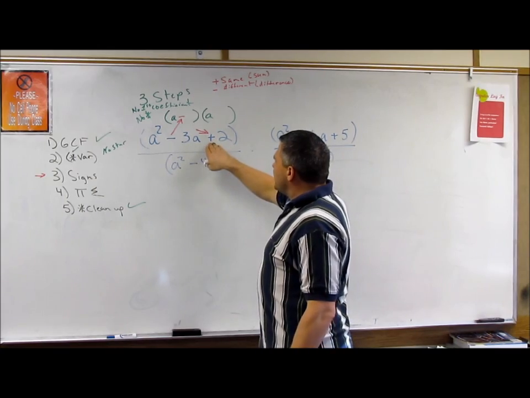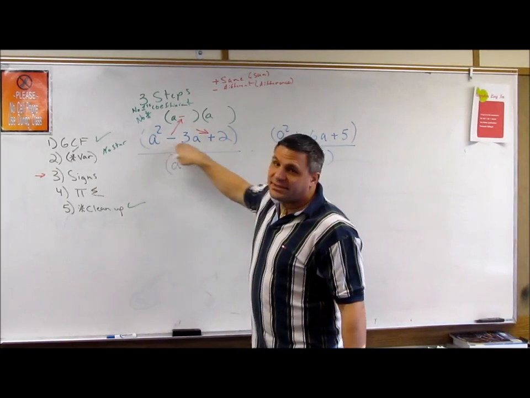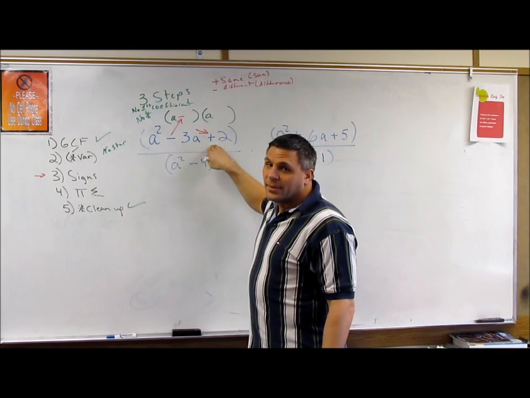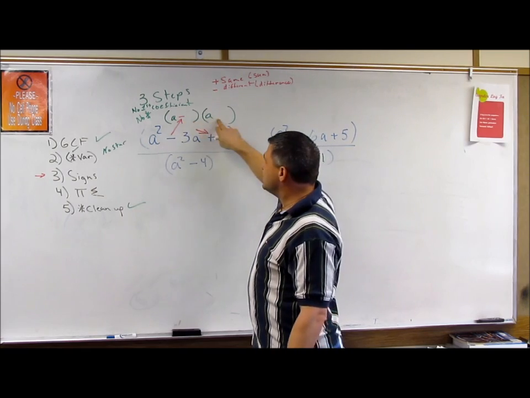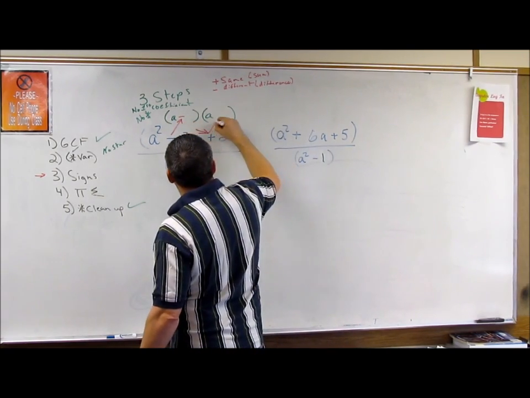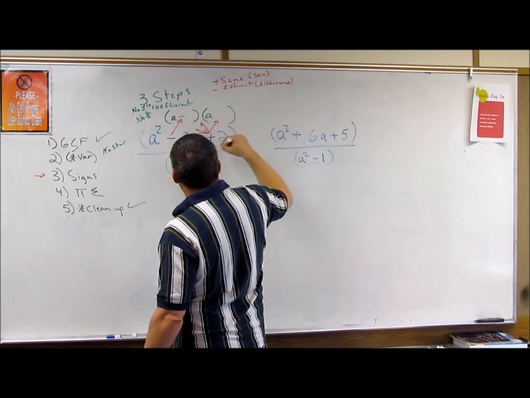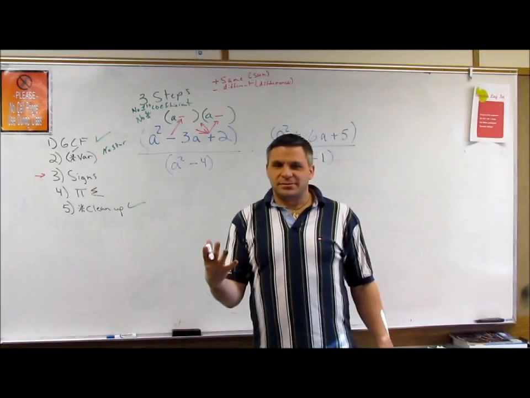So, if this is saying that they're the same, it doesn't say that these two are the same. It says that these two are the same, so this has to be minus also.